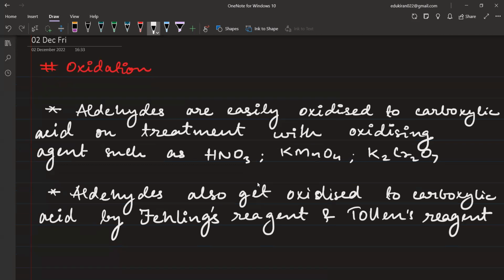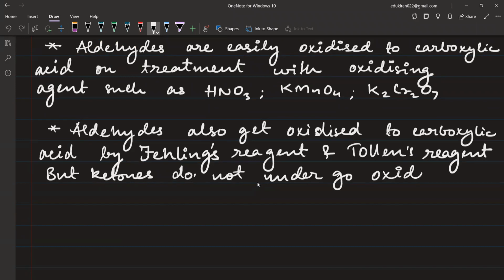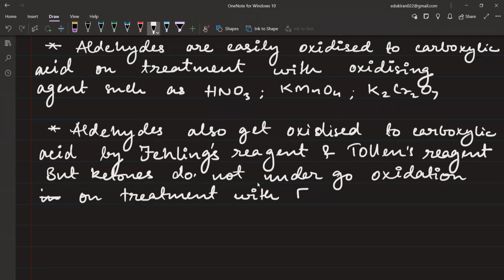Okay, so first of all, then you are going to write, but ketones do not undergo oxidation on treatment with Fehling's reagent and Tollens reagent.